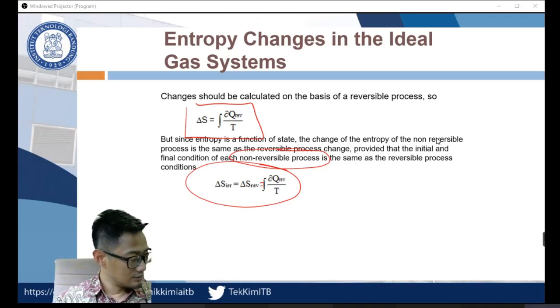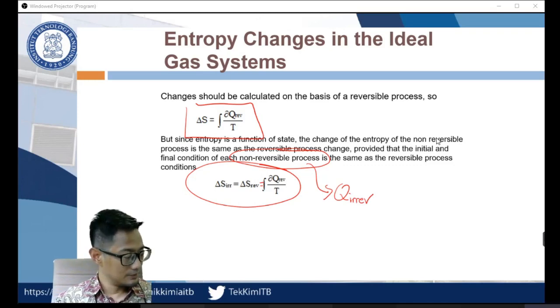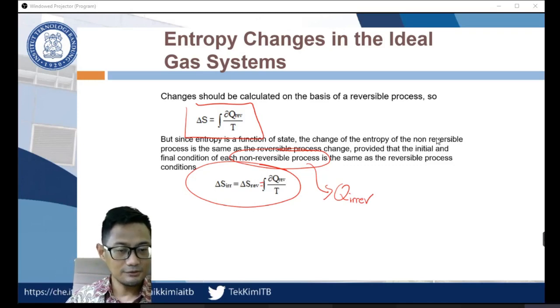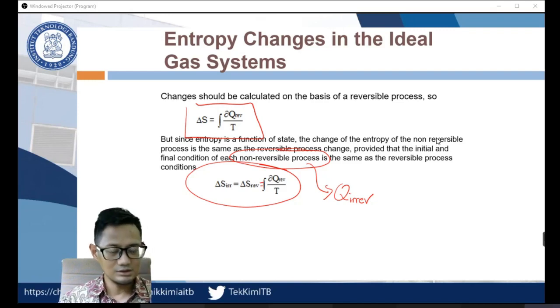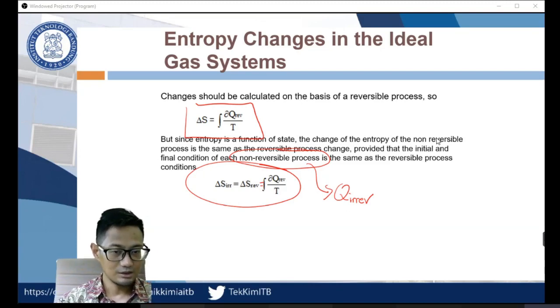In other words, for a non-reversible process, you need to measure the irreversible heat. But please be aware that the entropy of an irreversible process is not related to the irreversible heat. Okay, this one is just to distinguish which one is based on calculation, and which one is based on measurement, the real one.